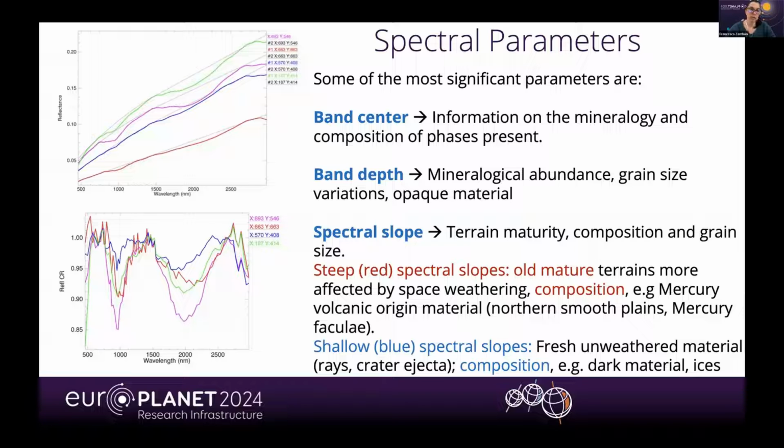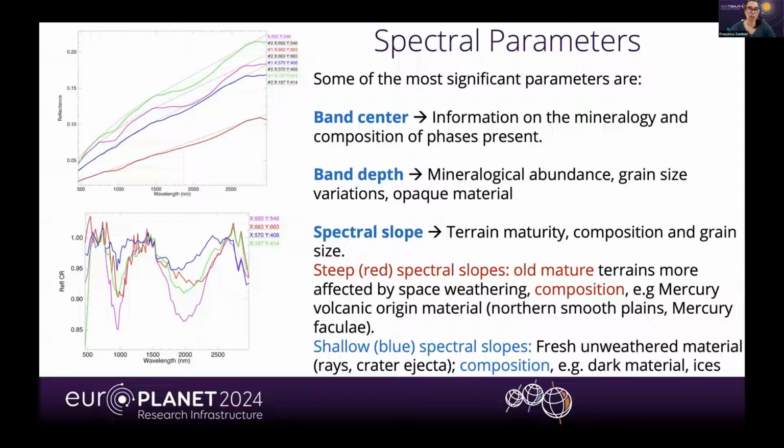On the left, I show you some spectra. These are spectra from the Moon, and I wanted to show you these spectra because you don't have only spectral slope variation as you saw in the previous slides, but here you also have absorption bands.